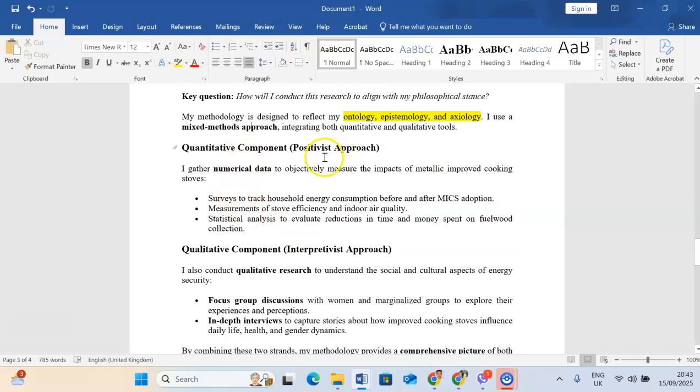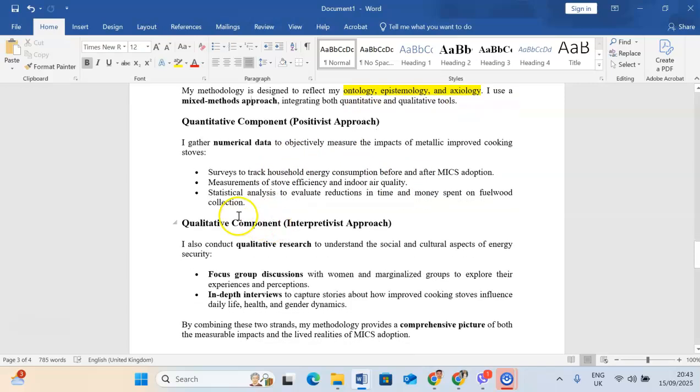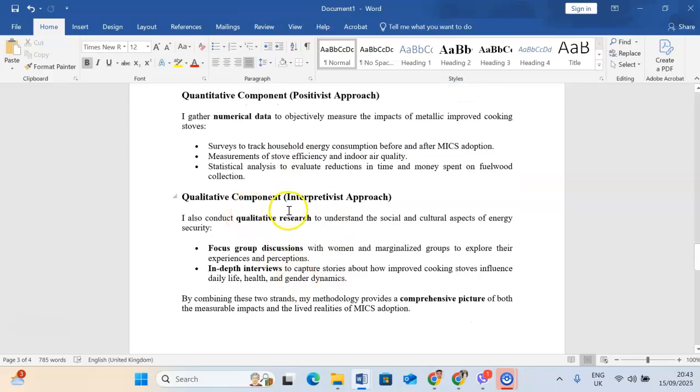The quantitative component, or positivist approach, includes gathering numerical data to objectively measure the impacts of metallic improved cooking stoves. That included surveys, measurement of the stove's efficiency and indoor air quality, and statistical analysis to evaluate reductions in time and money spent on fuelwood collection.